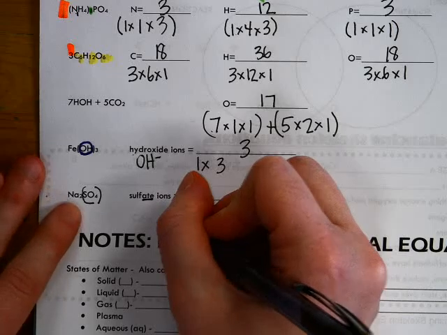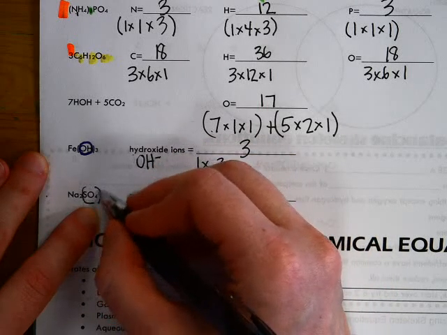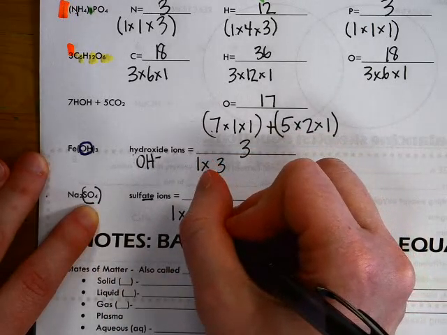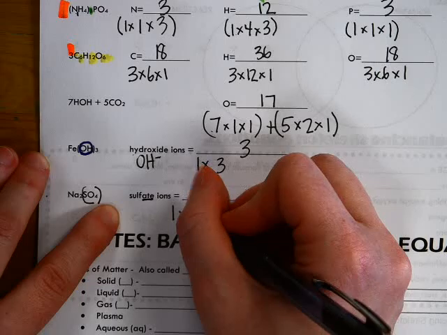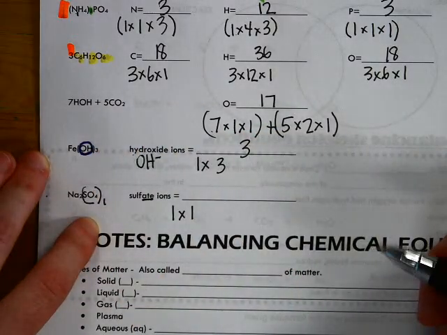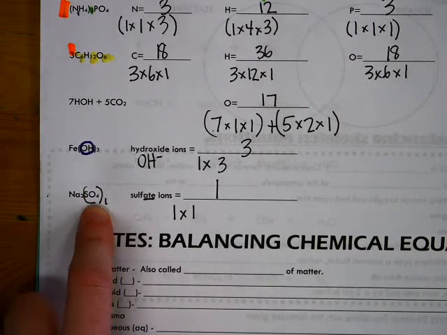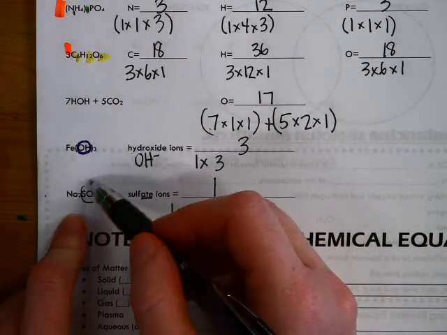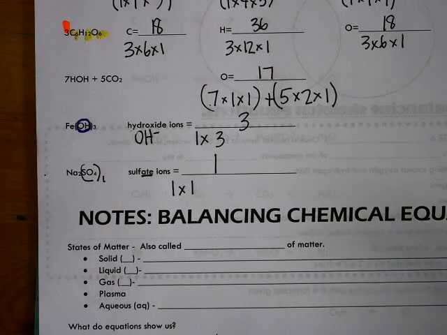That's 1 out in front times, not a single element, so times the subscript on the outside of the parentheses, which is an implied 1. And so there's only one sulfate ion. Notice that when I found that polyatomic, I went ahead and put parentheses around it to kind of isolate it in its own little bubble. That helps me see it as one big chunk rather than each individual element.